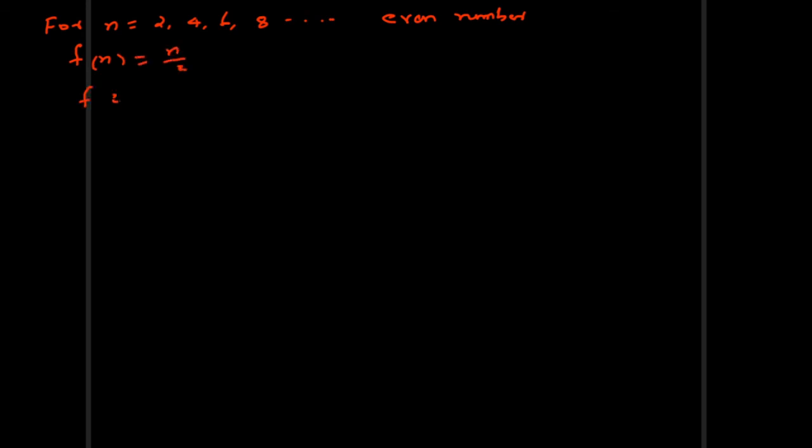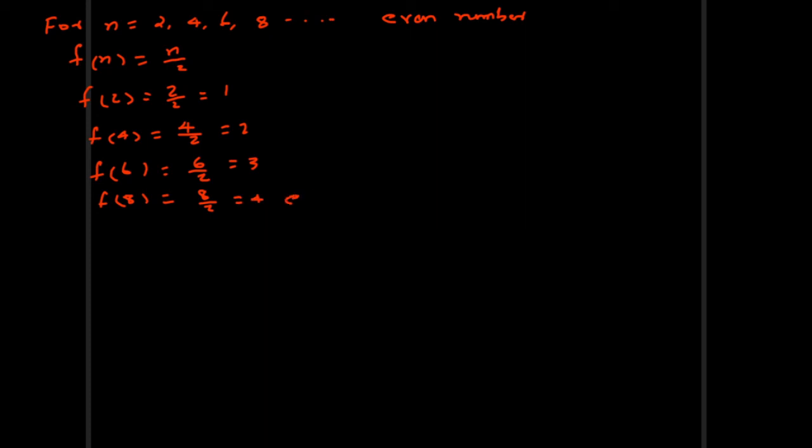Therefore f of 2 equals 2 by 2 equals 1. f of 4 equals 4 by 2 equals 2. f of 6 equals 6 by 2, 3. f of 8 equals 8 by 2 equals 4, etc.